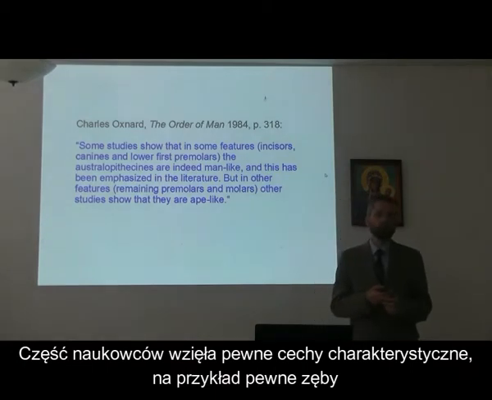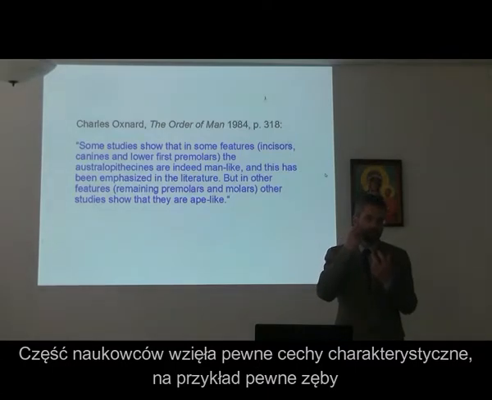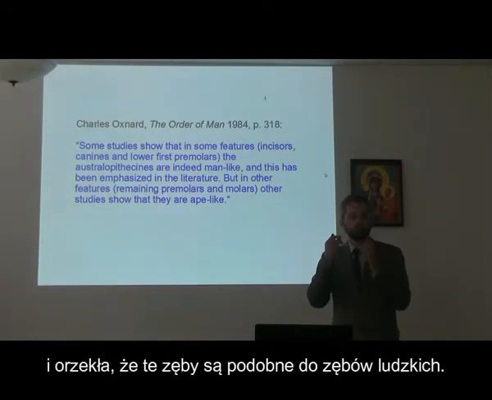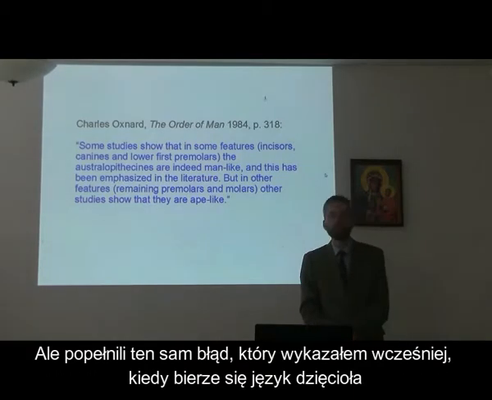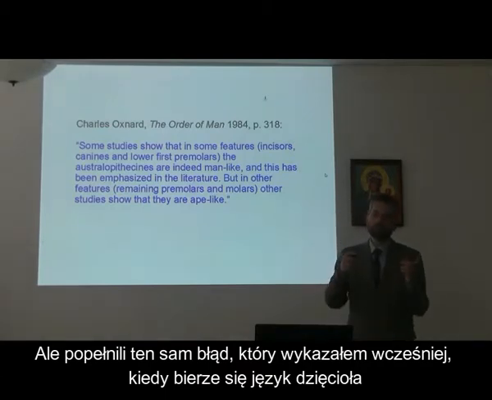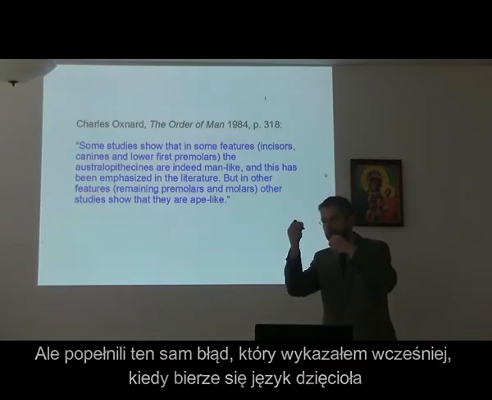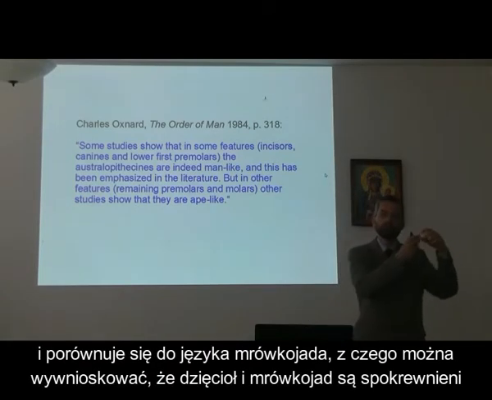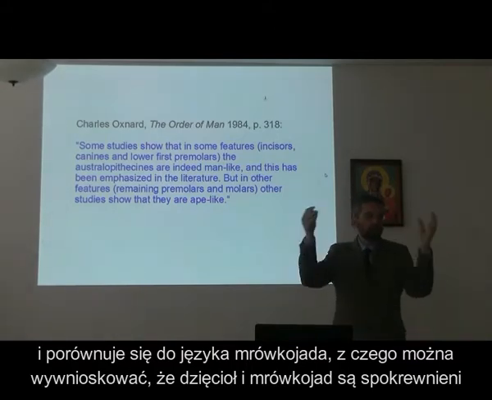And some scientists took some characteristics, for example, certain teeth, and said, look, these parts are very similar to human teeth. But they made the same mistake as I showed before. When you take the tongue of the woodpecker and compare it to the tongue of the anteater, you would conclude woodpecker and anteater are very closely related.